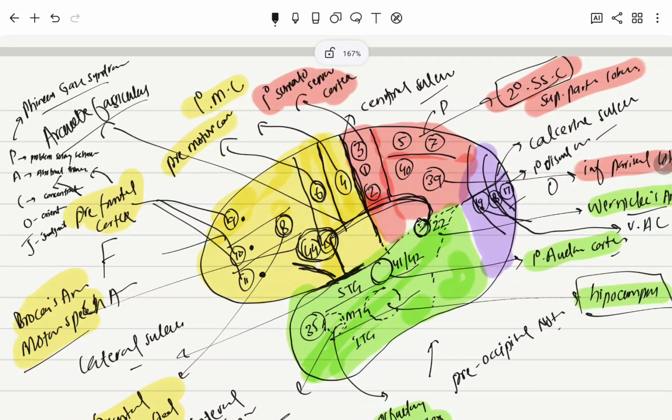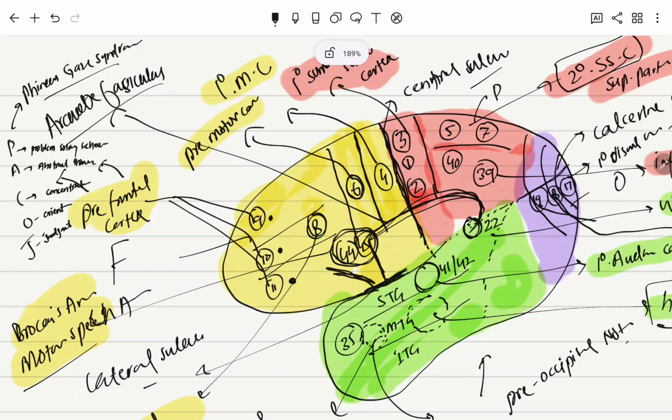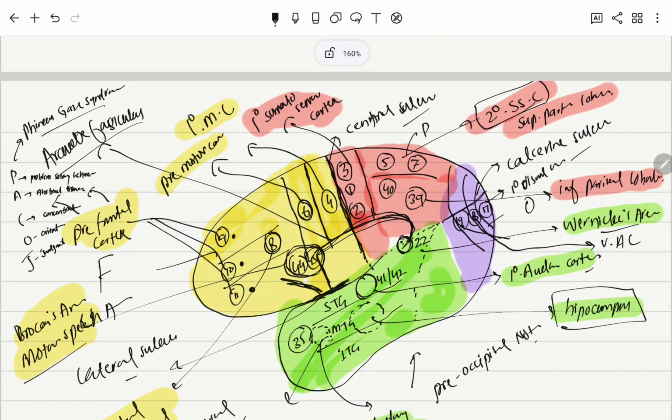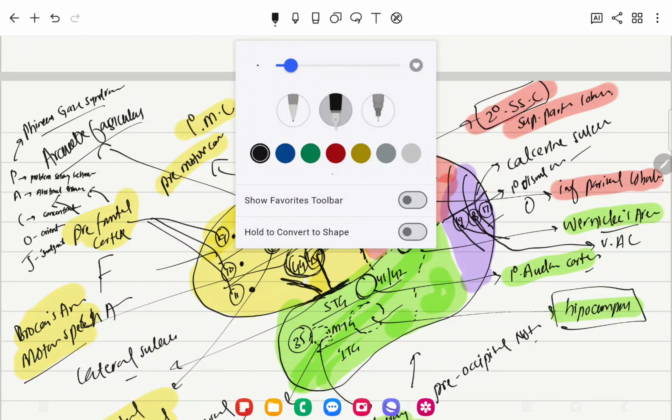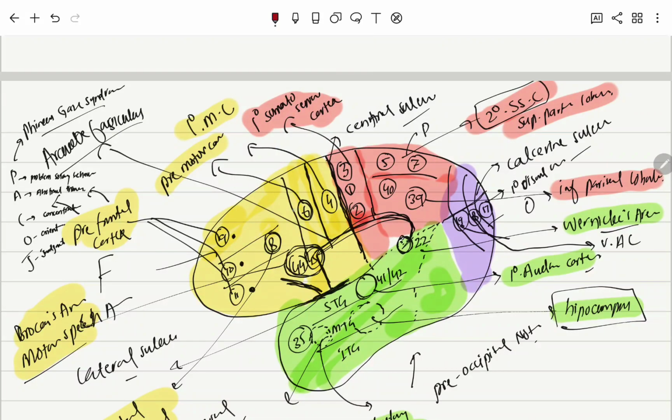When there's damage to Broca's area, I'm just highlighting these points because of the territories. So let me draw a demarcation line here, right? So almost this area is supplied by the MCA territory.